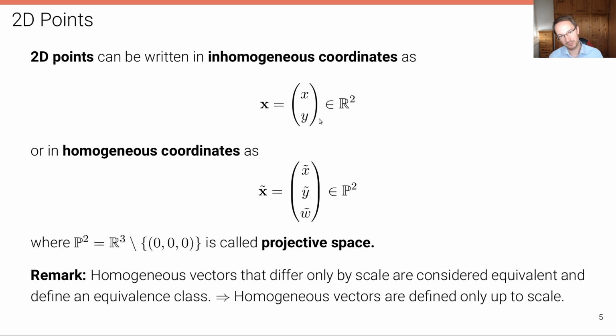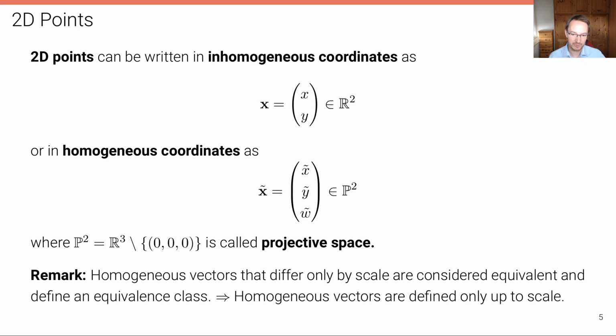So whenever you see a symbol that carries a tilde on top, you know that this is a homogeneous coordinate from this projective space that is simply R3, in the 2-dimensional case, R3 except for the element at 0.